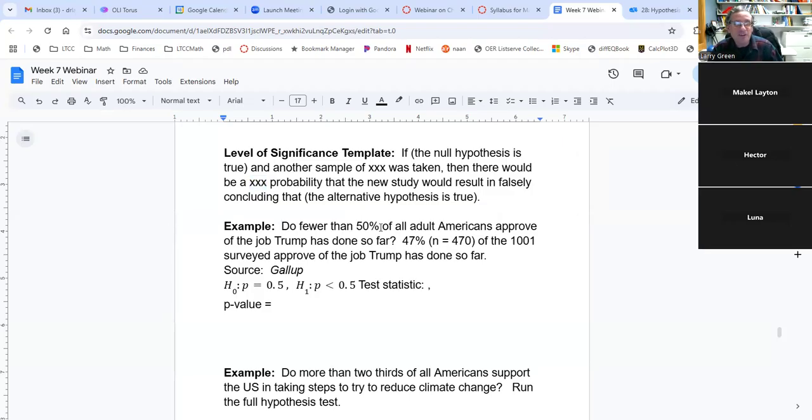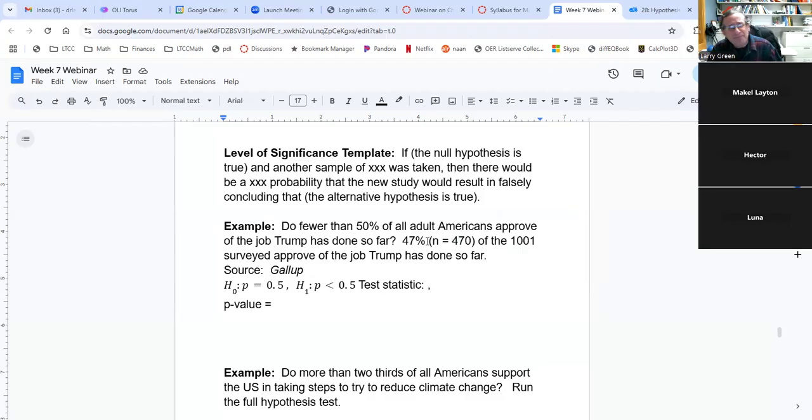Here's the question: do fewer than 50% of all adult Americans approve of the job Trump has done so far? A survey was done of 1,001 people, and 47%, which means 470 in this case, approve of the job Trump has done so far.